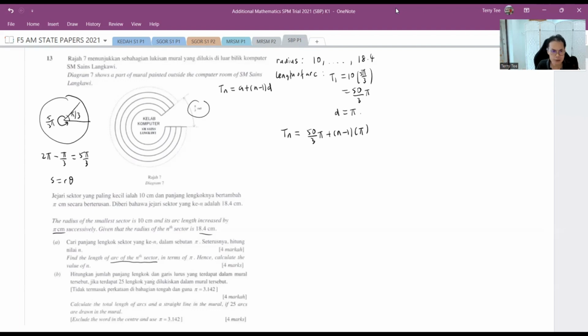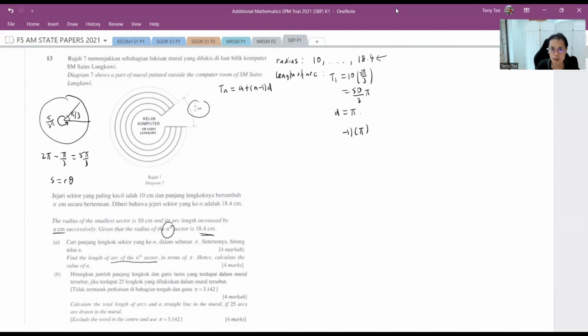We are supposed to find the length of the end sector in terms of π. But if you do this, it is in terms of n and π. Since I know the radius of the end sector, maybe I can just take this and multiply by my angle, 5π over 3. I'm going to do this later.